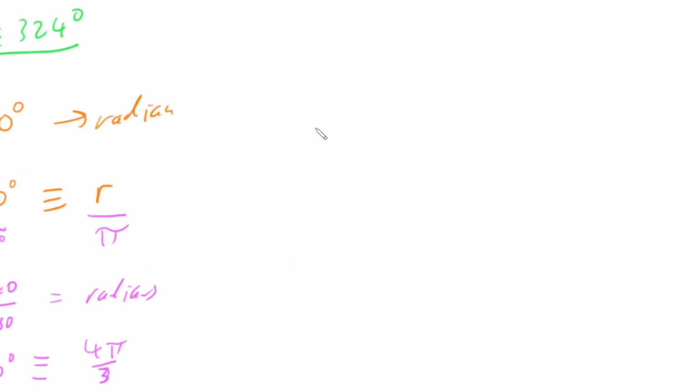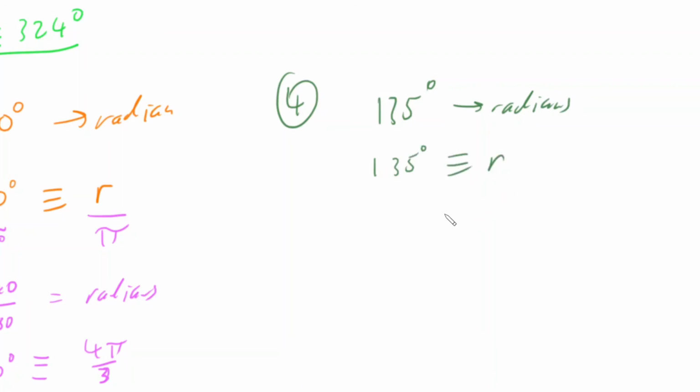Finishing off with one last one, let's have a look. Fourth one: what if I want 135 degrees and I want to turn that into radians? So in this case, I've got 135 degrees. I want to know what radians that's equivalent to.